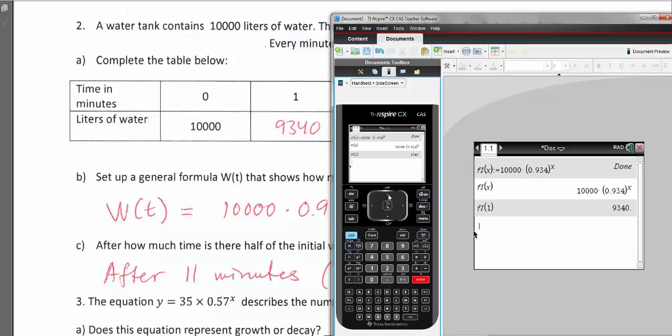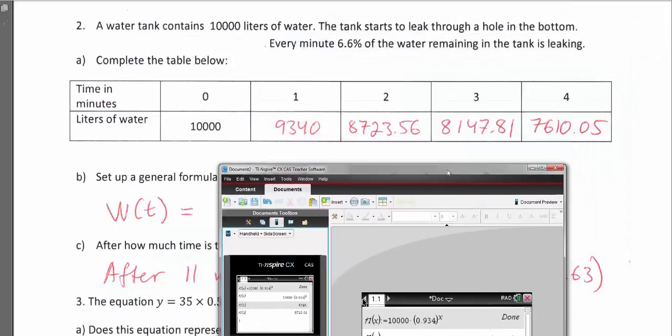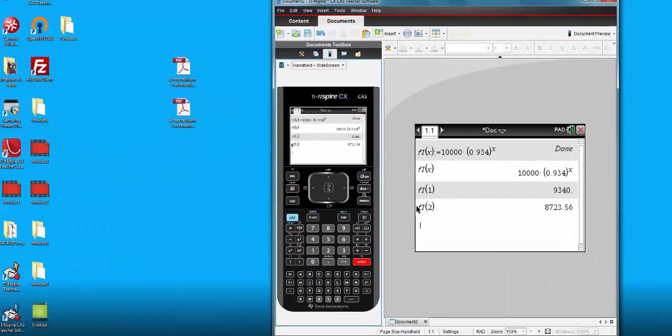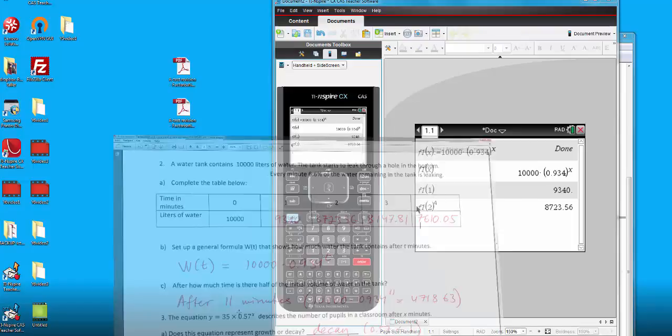After, I can actually go up. Oops, press enter. And then I will copy that and just change it into 2. 8,723.56. And we can see here in the table that that's correct. And there we go.